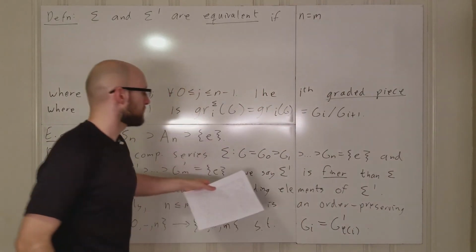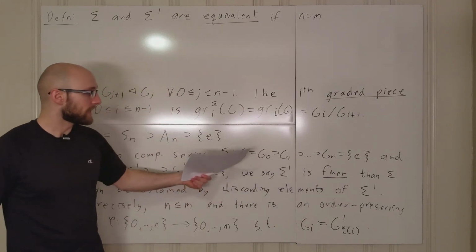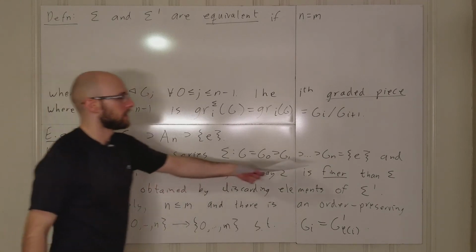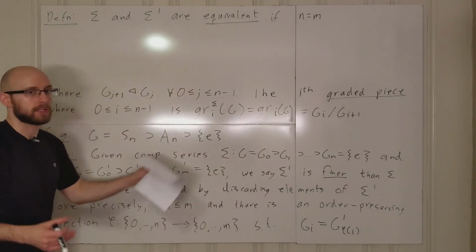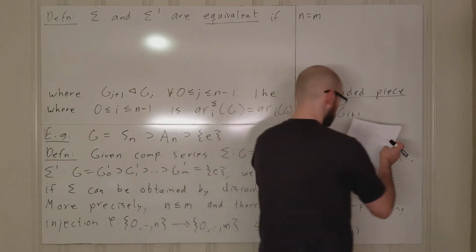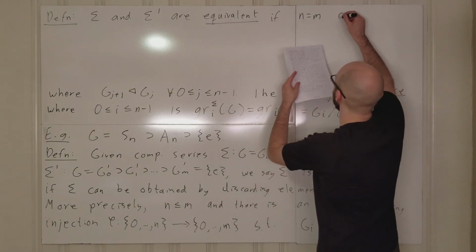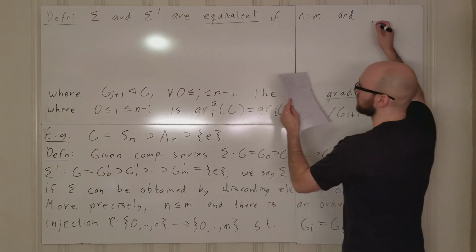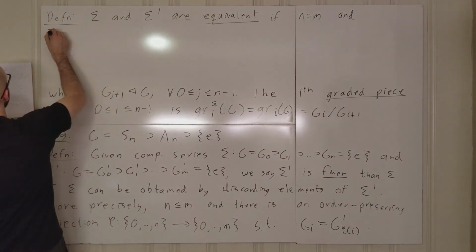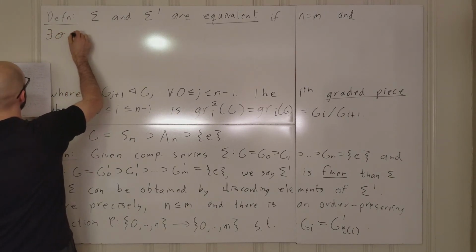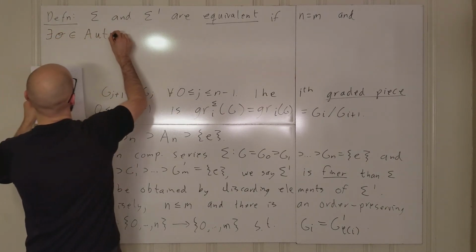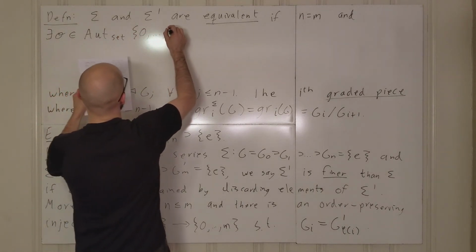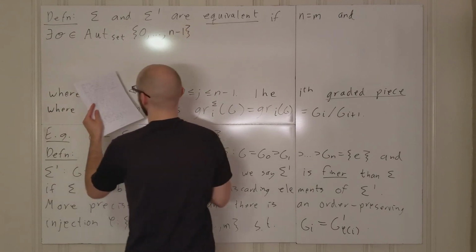And so, of course, what I mean here is that we write sigma in this way, and we write sigma prime in this way, and then n and m here are the same, meaning that they have the same number of elements, and there is a sigma, which is a set automorphism, or rather an automorphism on the set of n minus 1 elements.